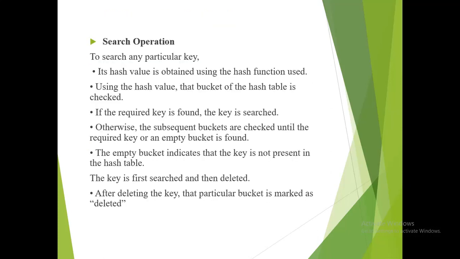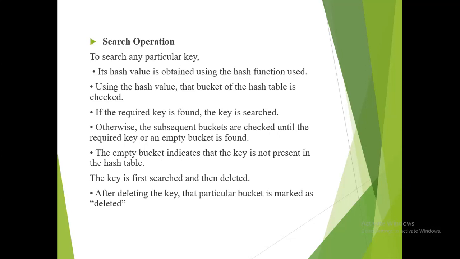Next, the search operation. To search for any particular key, its hash value is obtained using the hash function. Using the hash value, that bucket of the hash table is checked. If the required key is found, the key is returned.